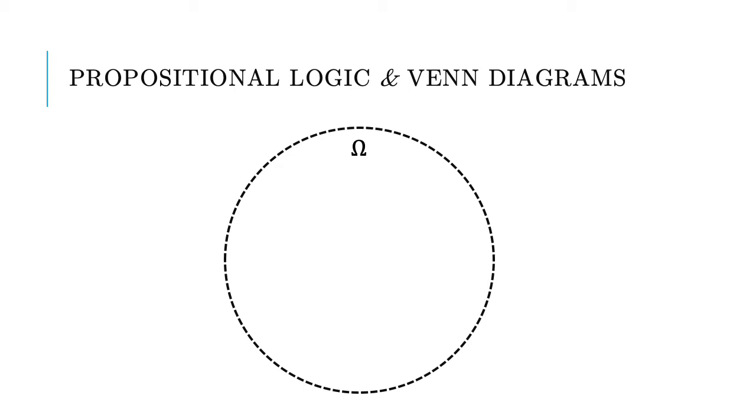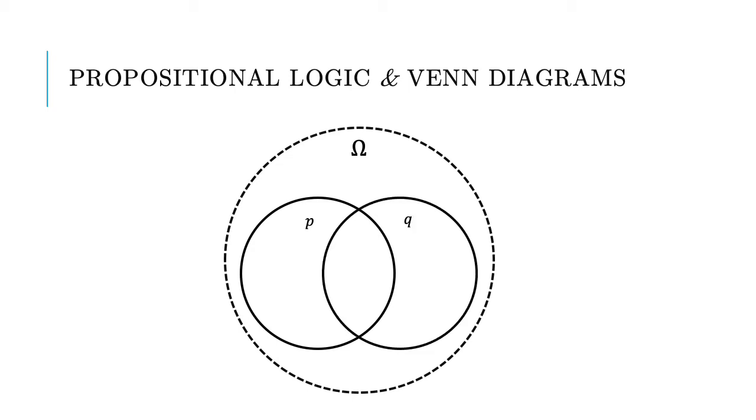Then a proposition, say P, picks out a set of those outcomes or events. And another proposition Q picks out another set of those outcomes and events. Now we can see that we can apply our basic logical operations in this context.